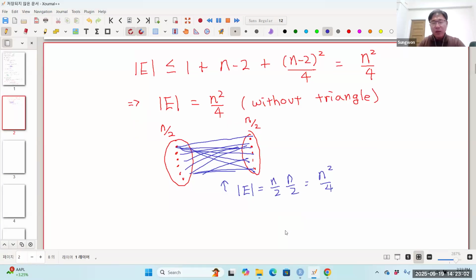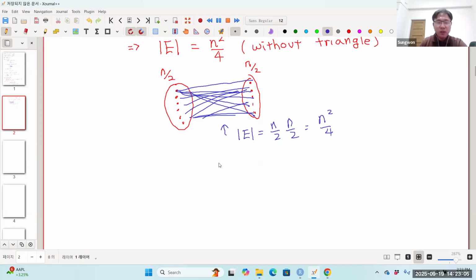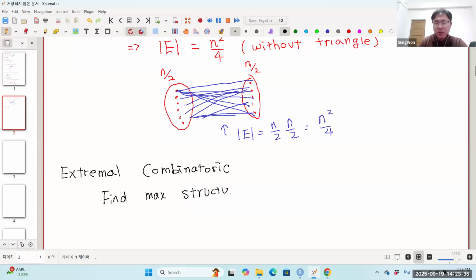So this kind of study is called extremal combinatorics. Let me write down a partial definition. Extremal combinatorics is to find the maximum number of a structure. In this case, it was the edge, but it can be other things.